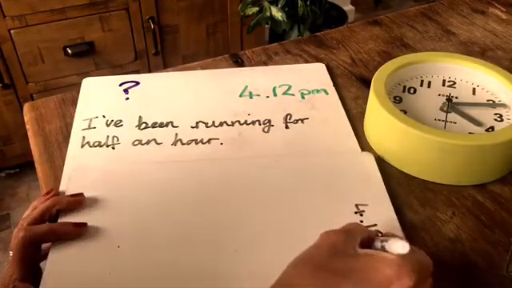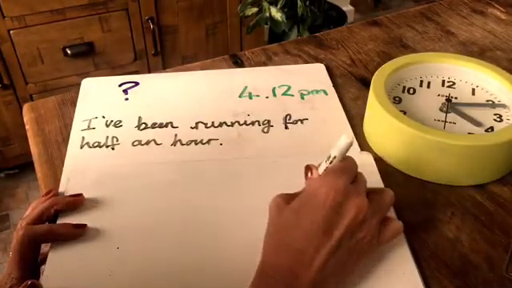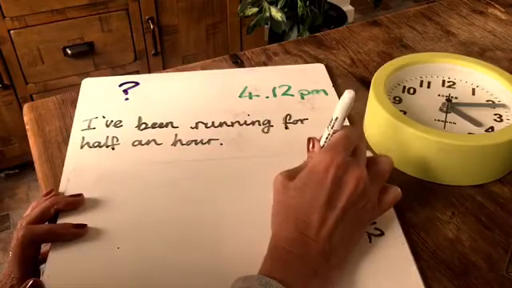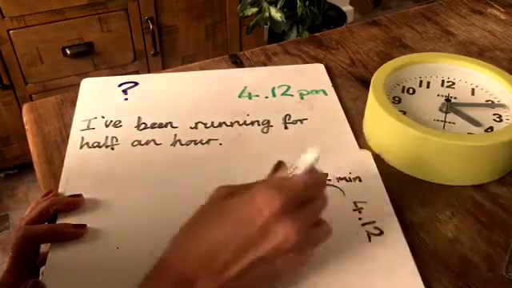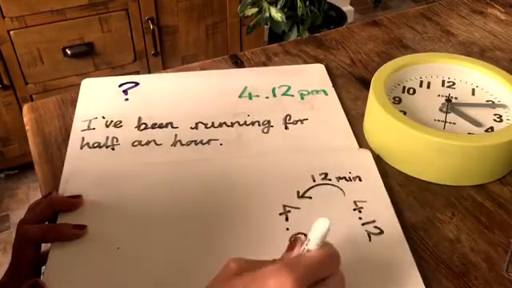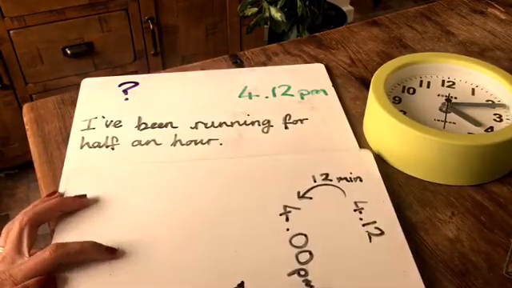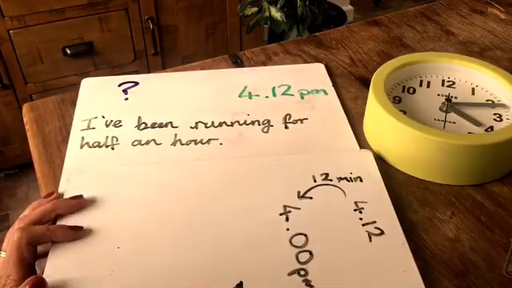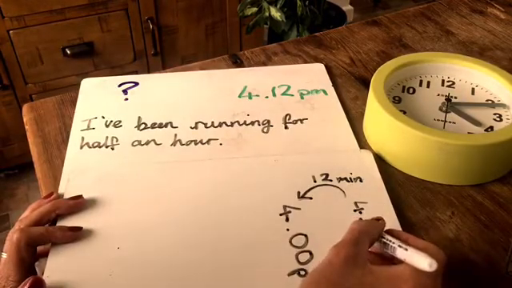Now, taking away 30 minutes from 4 hours and 12 minutes might seem tricky, so I'm going to make it easier. I'm going to just take away 12 minutes to begin with, which would take me to 4 o'clock in the afternoon, 4 p.m. Okay, so I've taken away 12 minutes, but I wanted to take away 30 altogether. So I've taken away 1 10 and 2 1s.